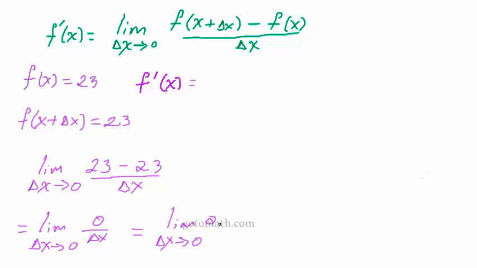Now the limit of a constant, and you can consider this to be a constant, is just the constant. So then this just ends up becoming 0. So f prime of x is equal to this, and this is equal to this, and you get 0. So f prime of x is equal to 0.